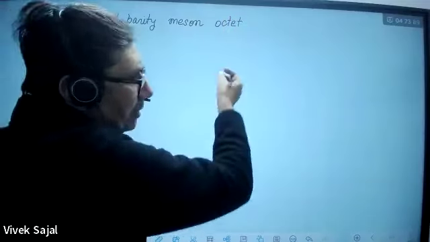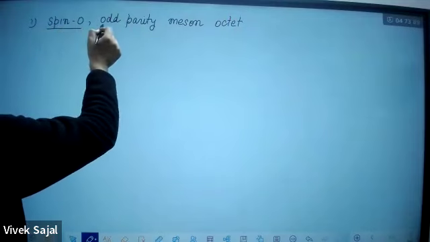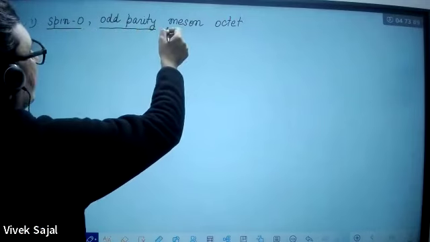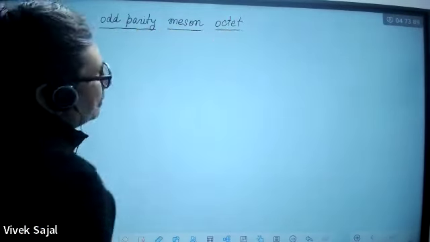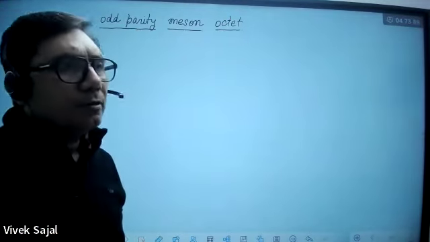Why they are saying it octet? I will come to this. So the first category was of the particles whose spin is zero. They have odd parity. They are mesons and they are forming an octet.